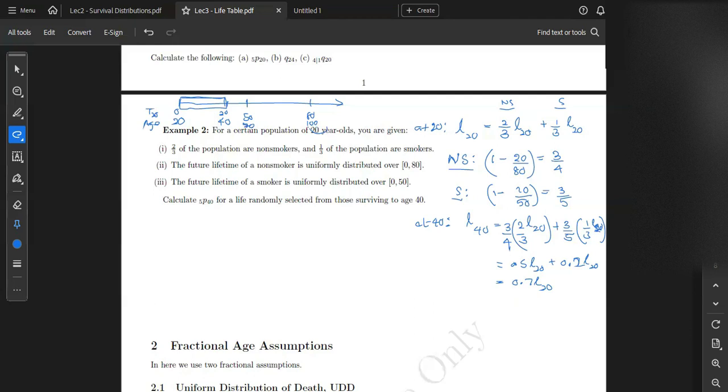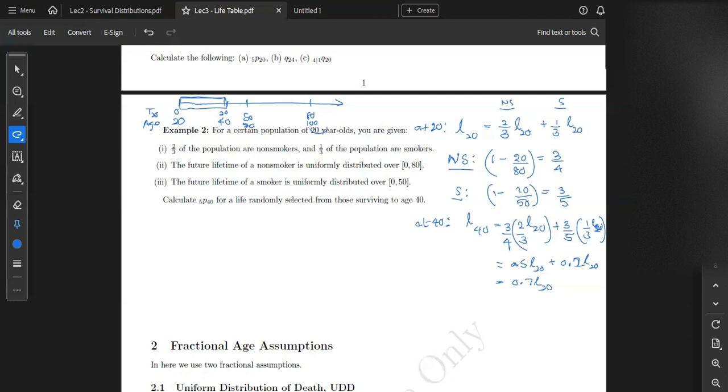So now let's say among those who have survived to age 40, in here it's 0.5 and 0.2. That means if we had 7 units, 5 units of this population are non-smokers, 2 units of this population are smokers at the end of the 39th year, which means the beginning of the 40th year.